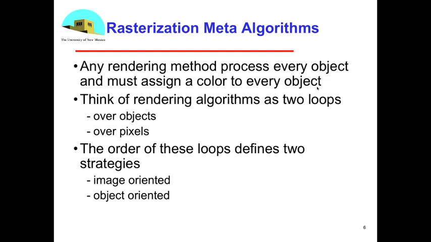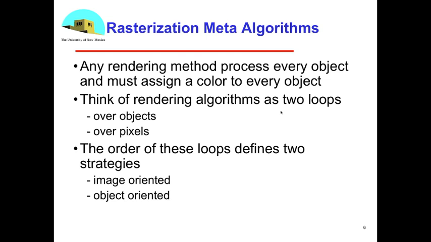So you can think of rasterization, or the general process of rendering, as there being two loops: something that loops over all the objects and something that loops over all of the pixels. Which order we do those loops, which is the inner loop and which is the outer loop, totally changes the strategy. One of those approaches is called the image-oriented approach because it works on a pixel-by-pixel basis.